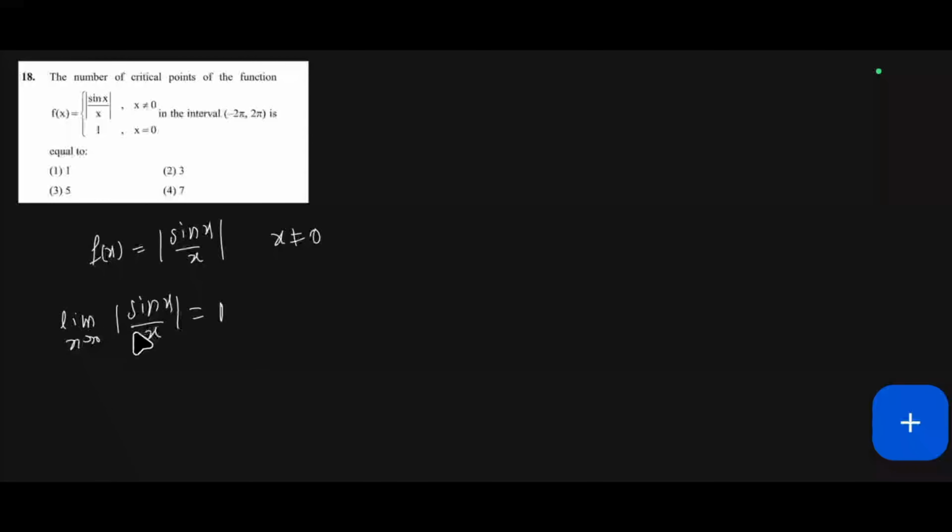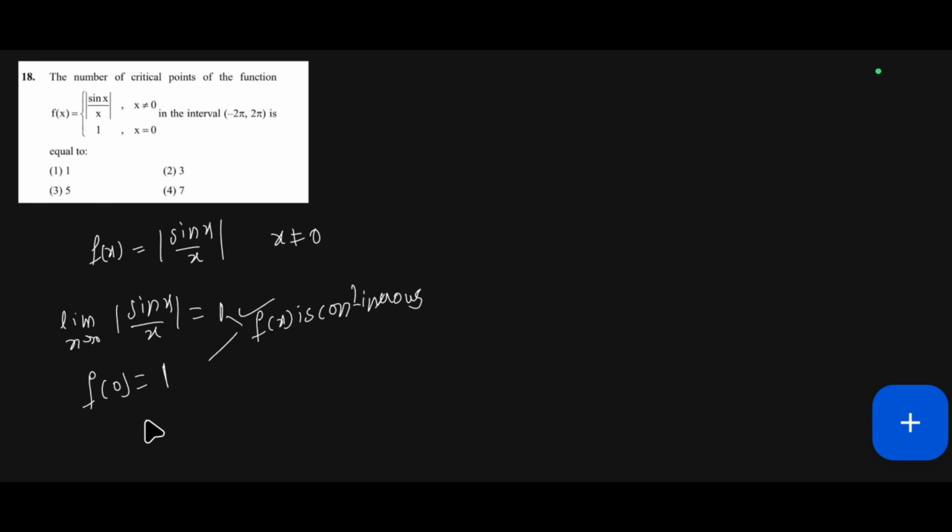If you take the positive side it is 1, and the negative side also 1, so the value never changes. Next, f of 0 is equal to 1, already given. So by the two statements, f of x is continuous because the limit exists and both are equal.